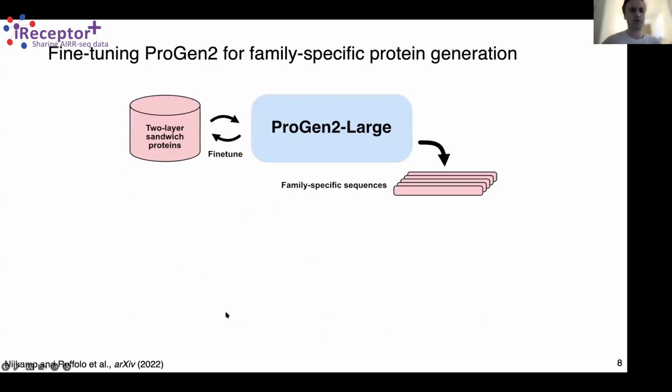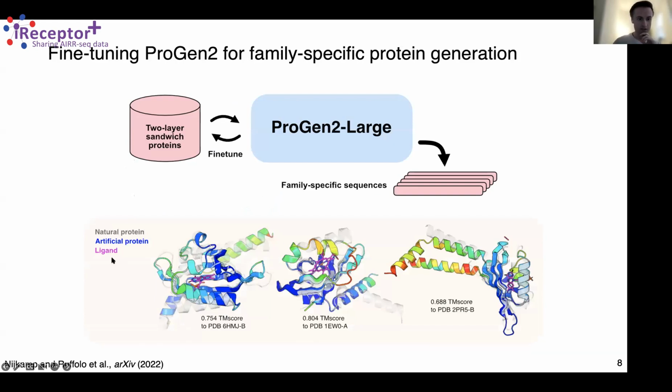Another thing we can do that I mentioned before is fine-tune this model for specific families. Here we've taken one of the ProGen models and trained it on a set of proteins that have this two-layer sandwich architecture. And after doing this, we can generate sequences that resemble this family. Here are just a few examples. This protein family typically binds a ligand.